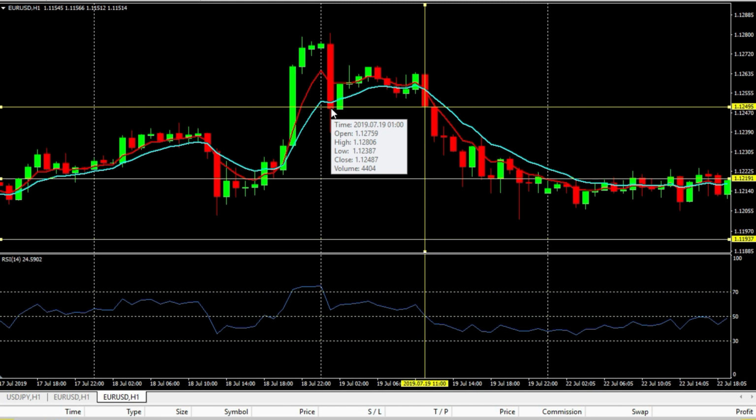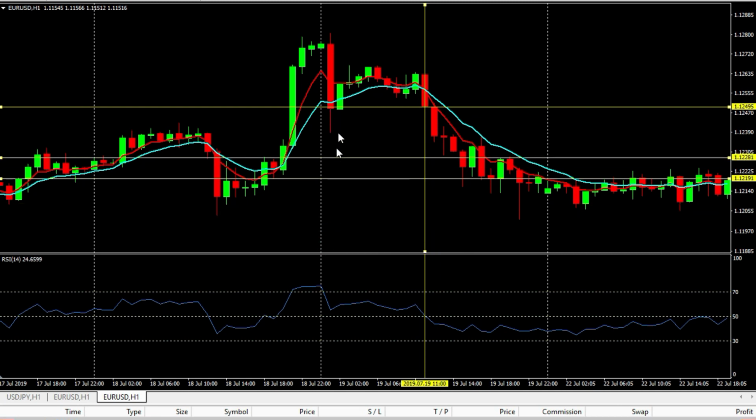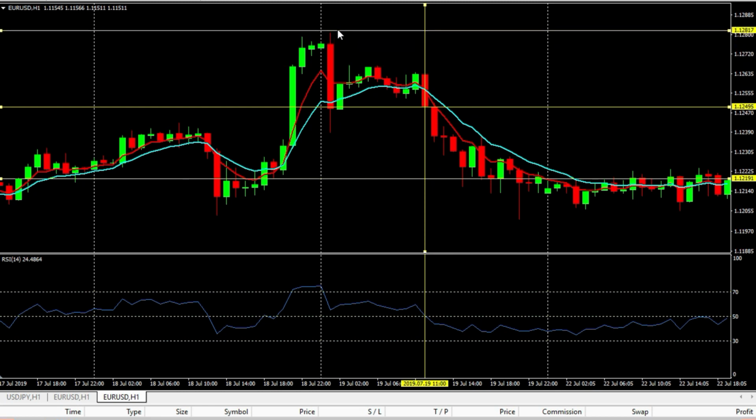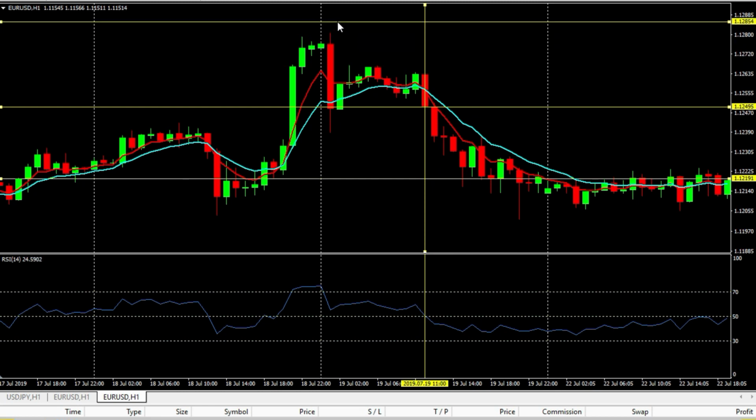The high was 1.2806, so it should be 1.2856, about here. Okay, so this is our stop loss.